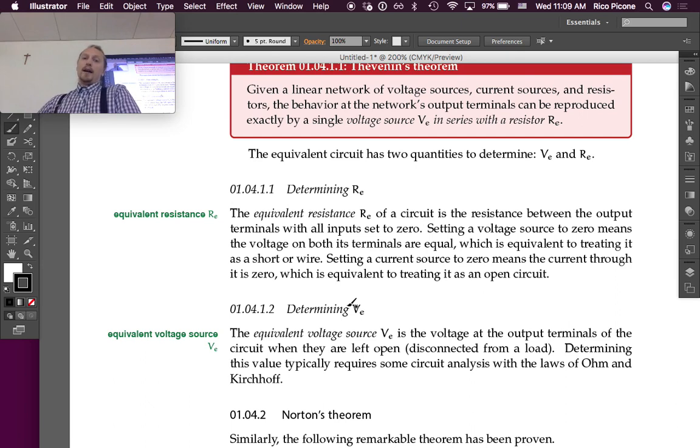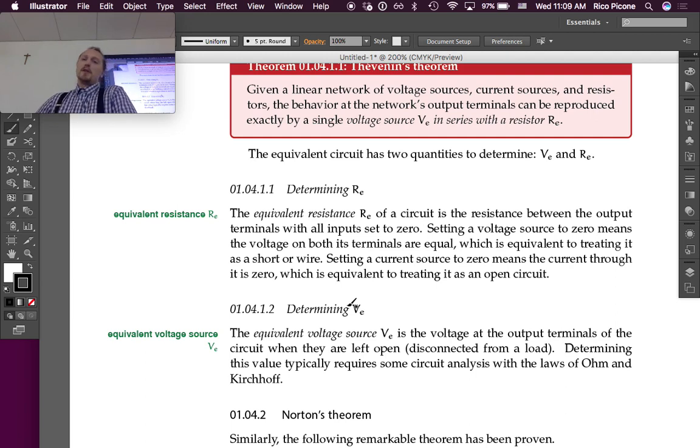Now, if it's a current source, then it means that there's no current flowing through that element in the circuit, which is equivalent to having an open circuit, right? Or disconnecting, having no wire there at all, so no elements.